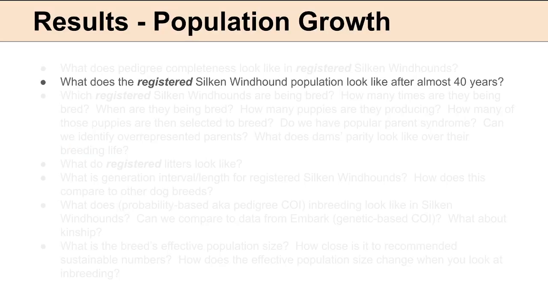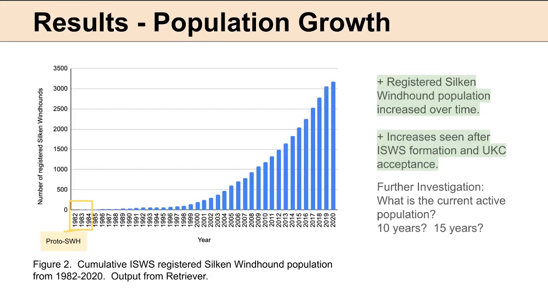So now that we've looked at pedigree completeness, what does the registered Silken Windhound population look like after almost 40 years? Here we have the cumulative ISWS registered Silken Windhound population from 1982 to 2020. And I've highlighted in yellow on the left where the proto-Silken Windhounds should be.